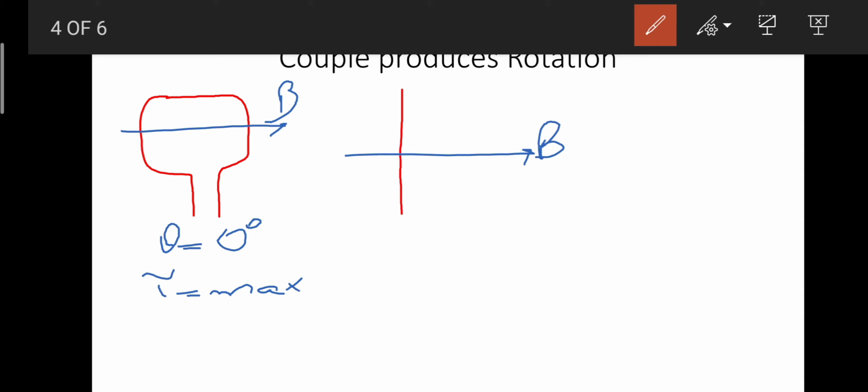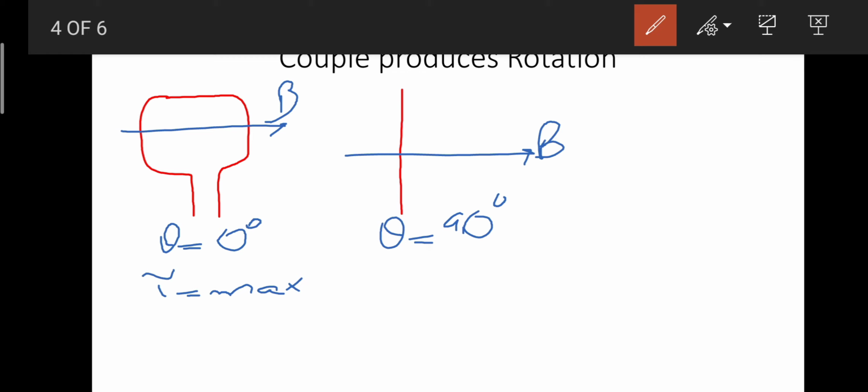Now coming towards the second circumstance, in which the coil is standing vertically in the magnetic field. In this condition, the surface area is perpendicular to the magnetic field, so theta would be equal to 90 degrees.